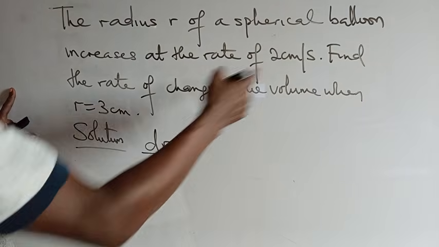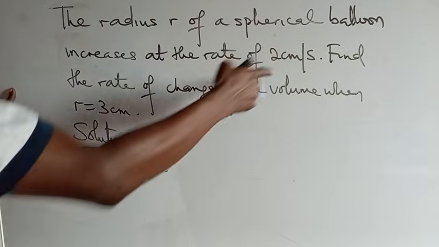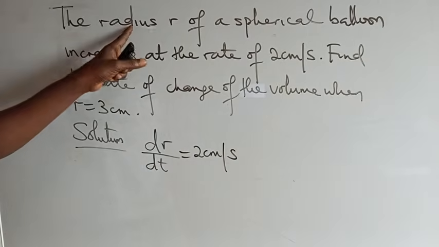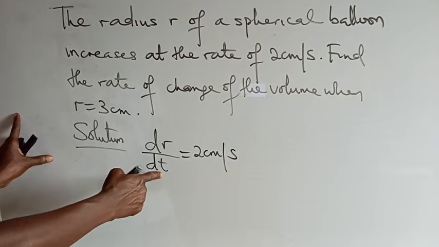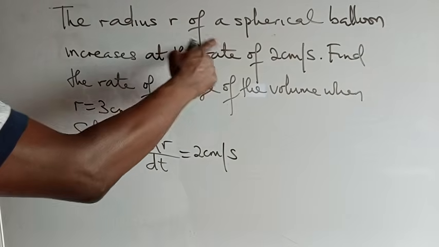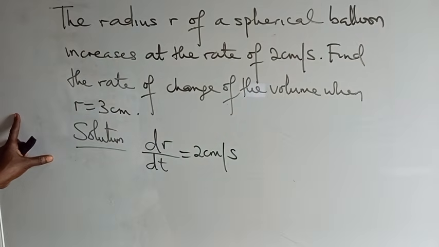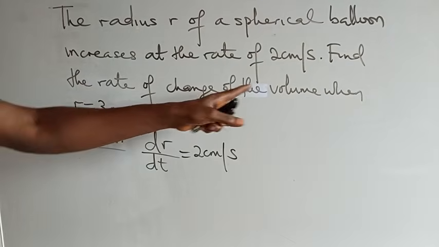So the rate at which r increases with respect to time is 2 centimeters per second. I repeat, dr/dt, that is change in r with respect to time, is as given in the question. So this is okay. Now the question says find the rate of change of the volume.